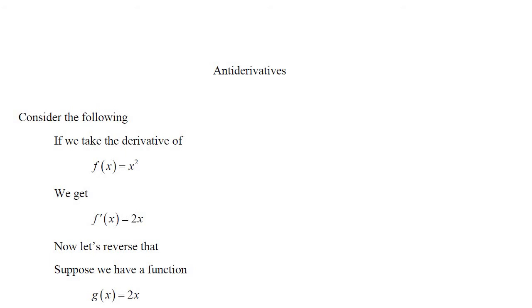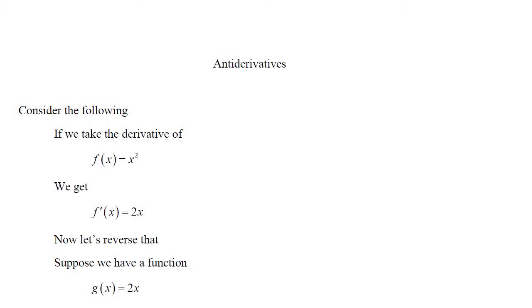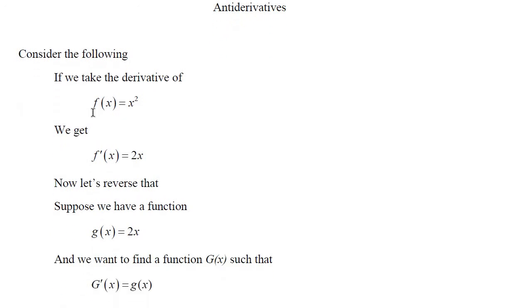Alright, so antiderivatives. Let's consider the following. If we take the derivative of f of x equals x squared, we get f prime of x equals 2x. Now let's reverse that.